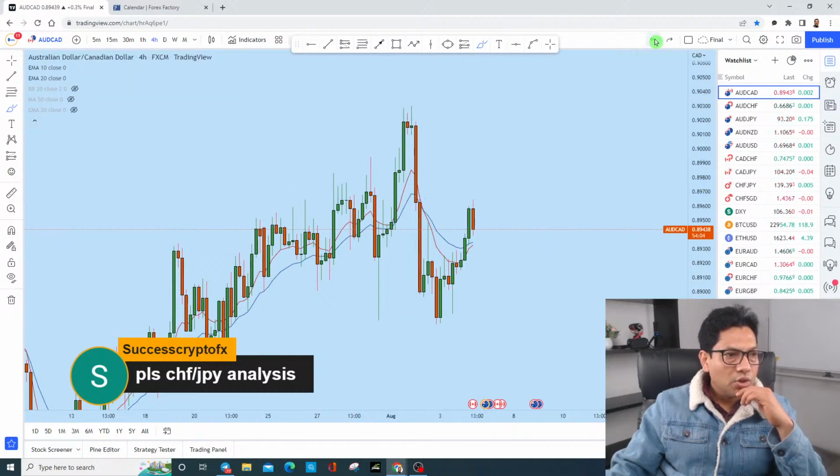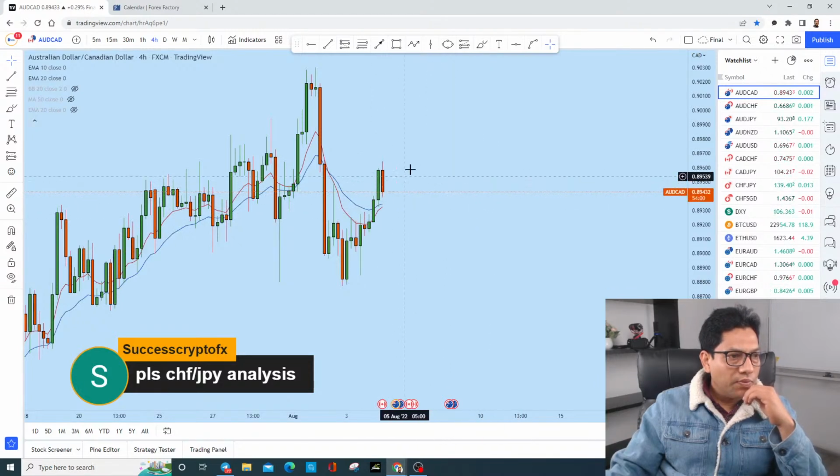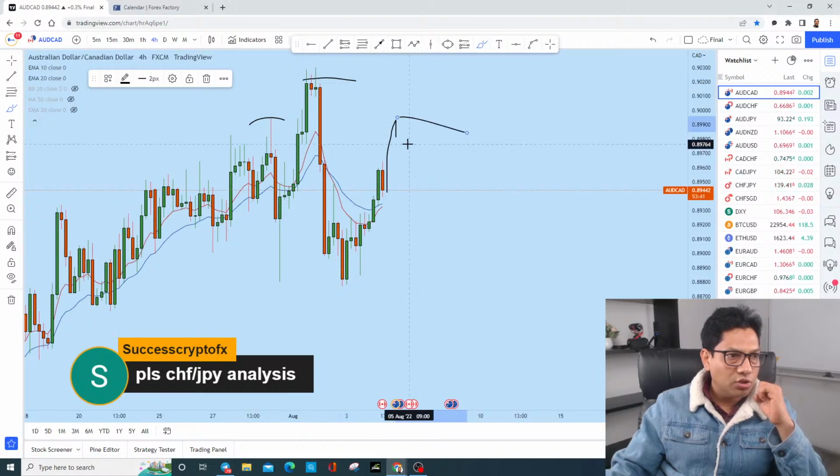That means that upon closing of this candle, it's likely that AUD-CAD might close as a bearish engulfer. If that's the case, then we can sell. Otherwise, if it doesn't close as a bearish engulfer, we might see another push up, a long wick candle, completing this head and shoulders, and then drop.